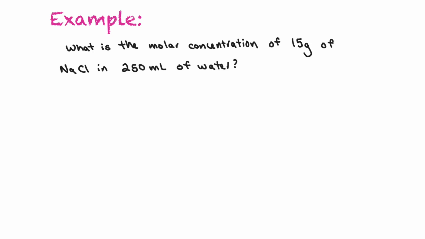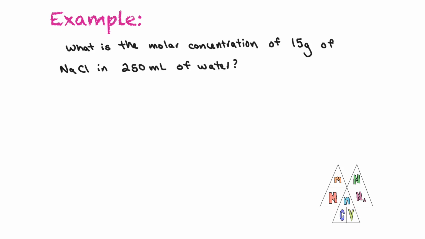Now we'll work our way through our first example. The question is: what is the molar concentration of 15 grams of sodium chloride in 250 milliliters of water? The first thing we need to do is find the molar mass of sodium chloride, because to calculate the concentration, we need to know the moles.